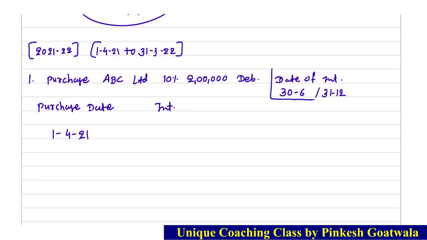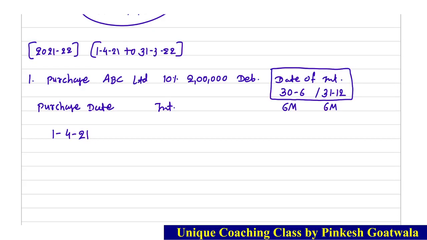Here the date of interest is 30 June and 31st December. The company pays interest 2 times, on 30 June and 31st December. It means it's a 6-month interest, half-yearly; interest is given every 6 months.